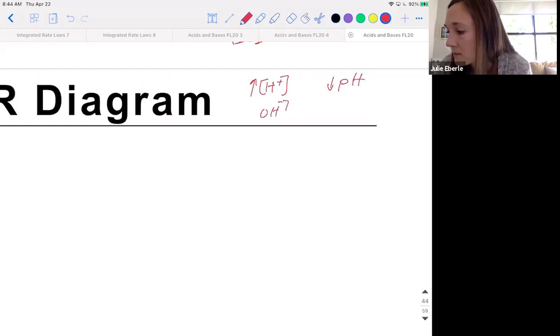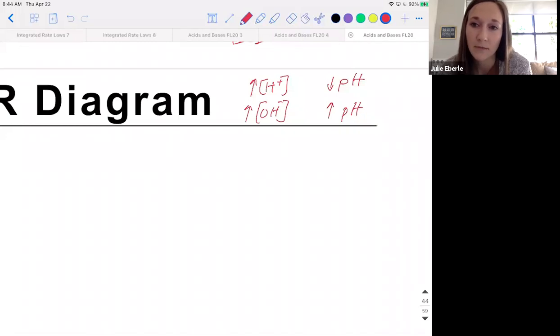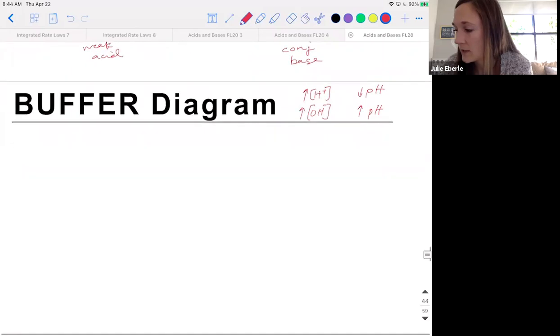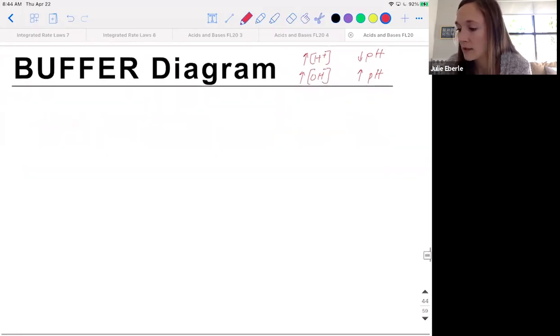It's a base. The more of that you have, the higher pH goes. So these are some trends to remember: the more H plus, the lower pH goes; the more OH minus, the higher pH goes. H plus makes it more acidic, OH minus makes it more basic.